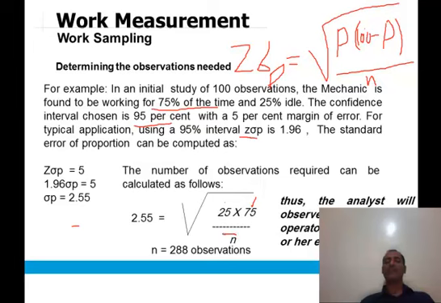Okay, we can determine n easily by squaring the two sides of the equation. We have to square the right side and the left side to easily get the number of observations from under the square root. Then the number of observations is 288.